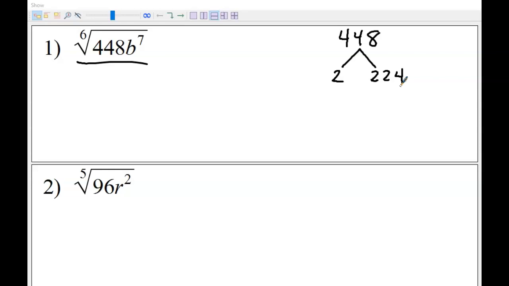But that's okay. We'll do 2. What goes into 224? 112 and 2. And then it's 56 and 2. Close. 28 and 2. And then 14 and 2. Getting there. And then 7 and 2. Now we're done.